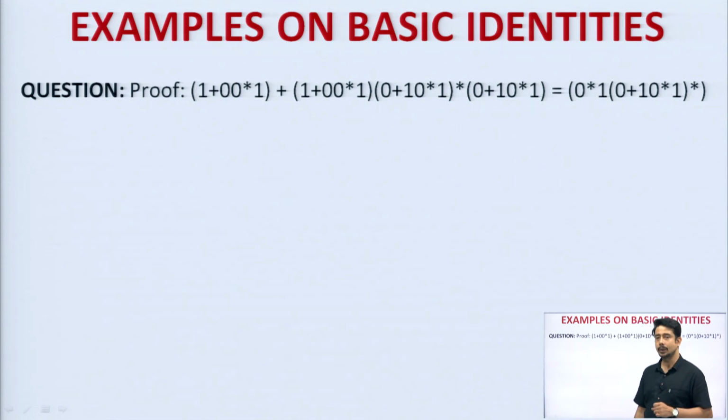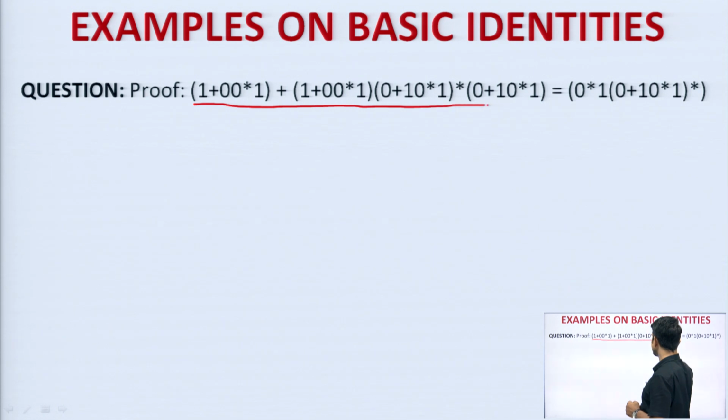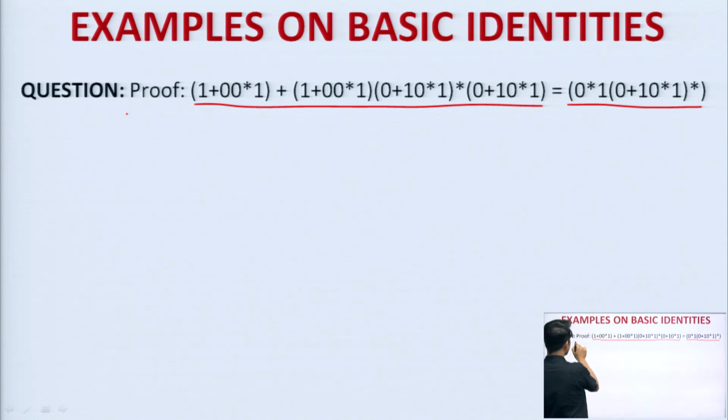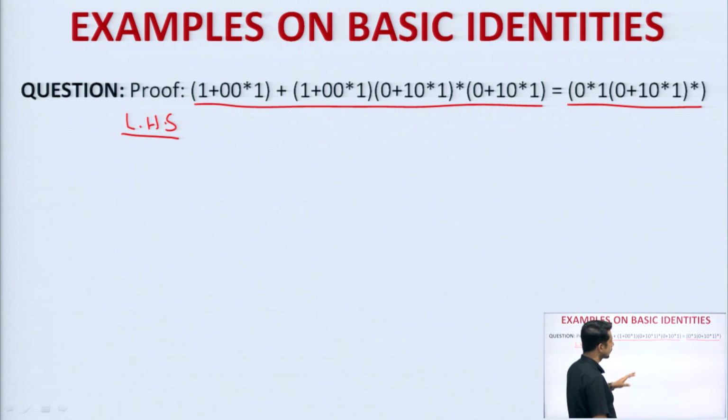Now, the first example says you have to prove this particular expression equals this expression. Okay. So, in the general way, let us take the left hand side part. In this particular type of expression, you try to find some similarities, and take that similar expression as a particular name, say suppose r, p, q, anything, and that will help you minimize the expression in some way or the other.